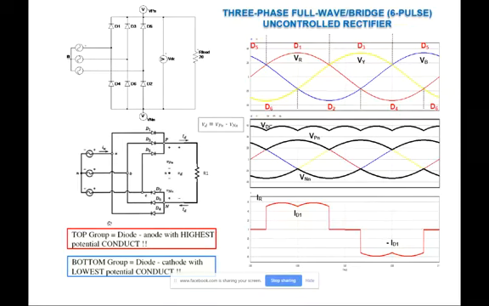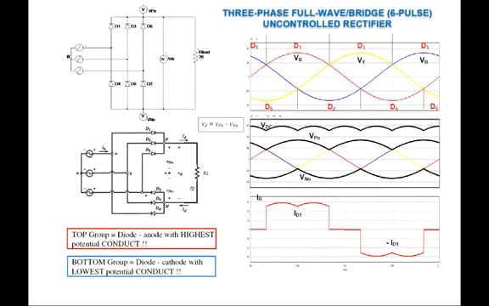And for the bottom group, we follow this rule: the diode whose cathode has the lowest potential will conduct. Once we understand the rules, we can simply identify which diode will be on in the top group and which diode will be on in the bottom group, the P group and the N group. And the output voltage is always parallel to the load, right?